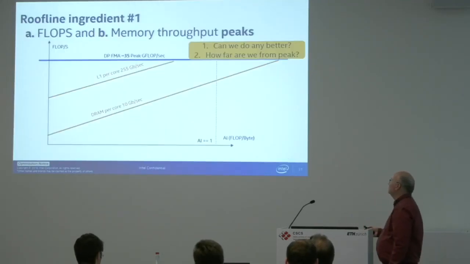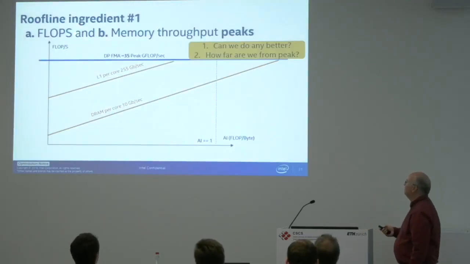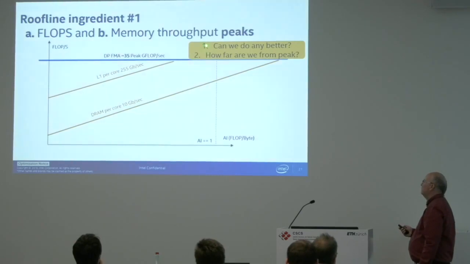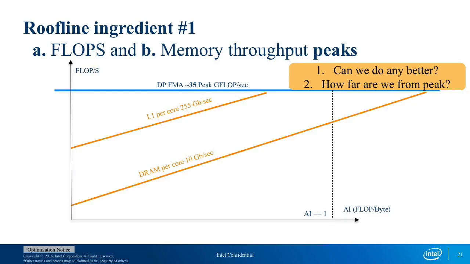So that would mean we go to the cache-aware version of the roofline analysis, which has several roofs here. The blue line is still the peak performance on top, but then we have the DRAM speed here of 10 gigabytes per second. This is per core here, I guess.